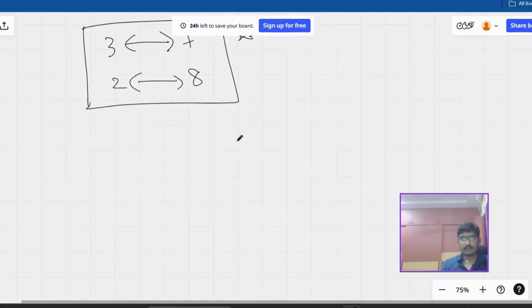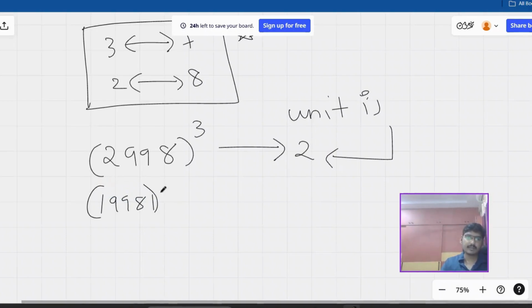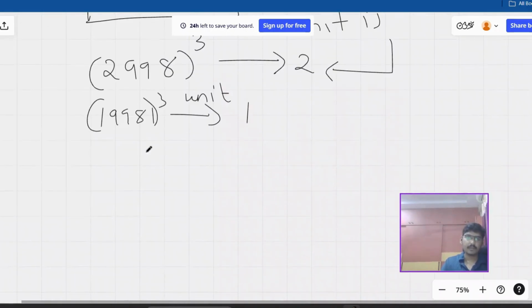When an examiner asks what is the unit digit of this number, the answer is 2, right? If the examiner asks what is the unit digit of this number, the unit digit is 1, since it is 1.